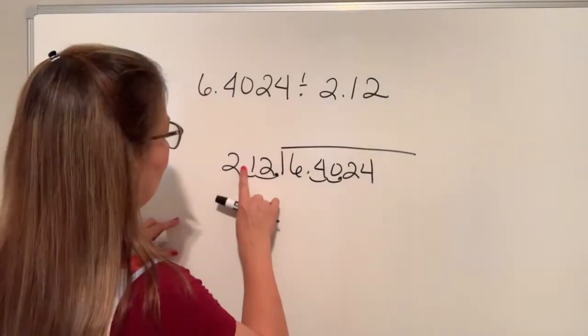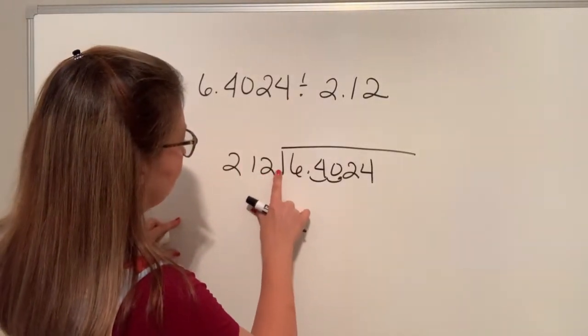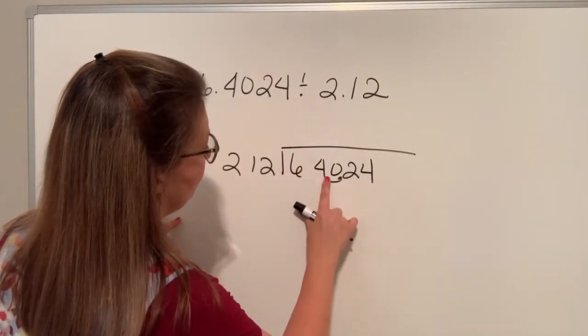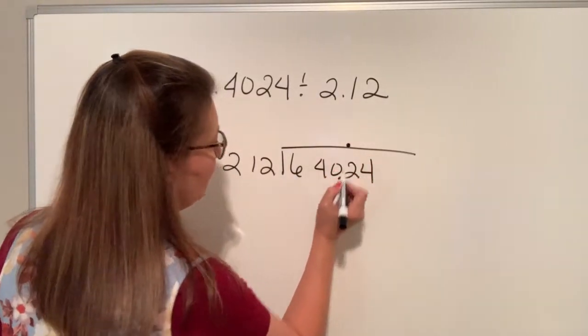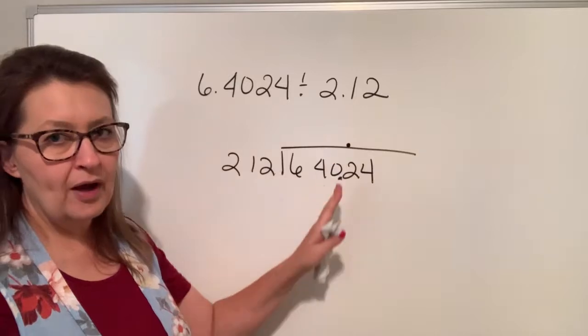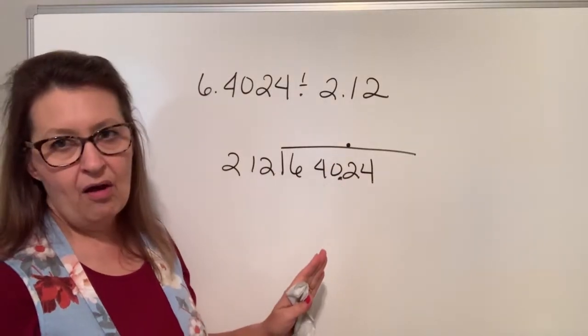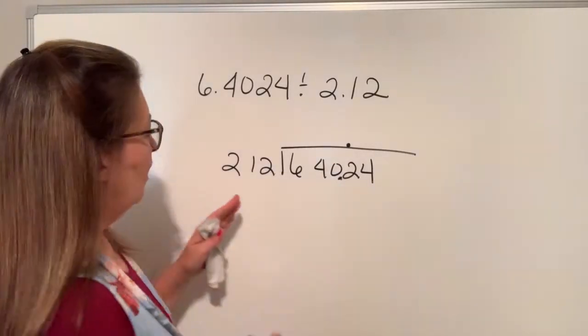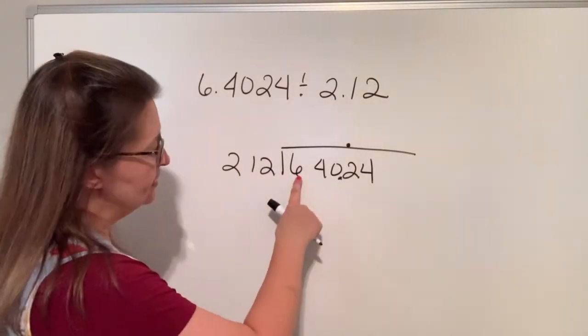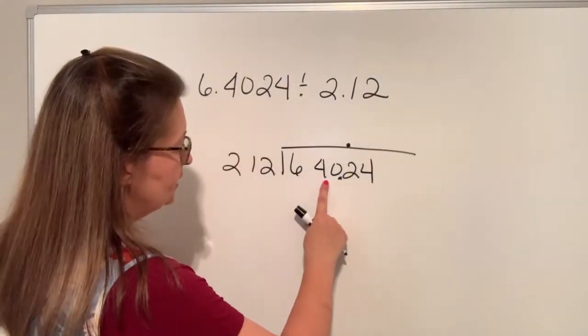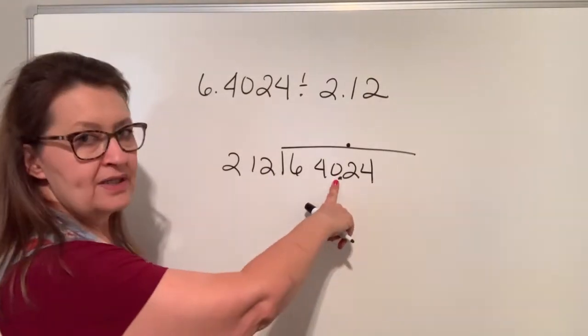Okay? All right, I'm going to clean this up a little bit so we can see what we're working with here. Now all that's important is to make sure that that decimal goes in the right place here, and I'm ready to long divide as usual. All right, so I want to ask myself, well, I know 212 won't go into 6, it won't go into 64, but it will go into 640.